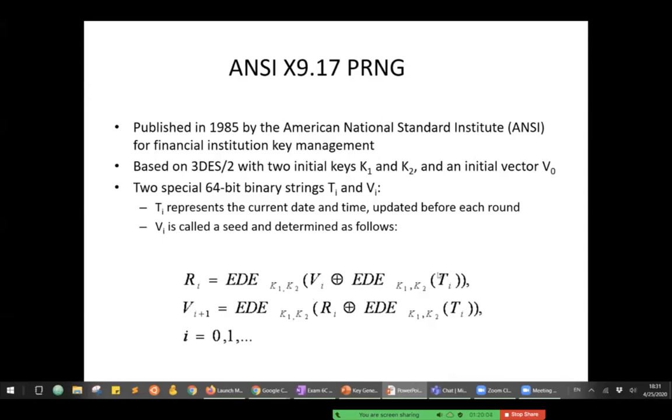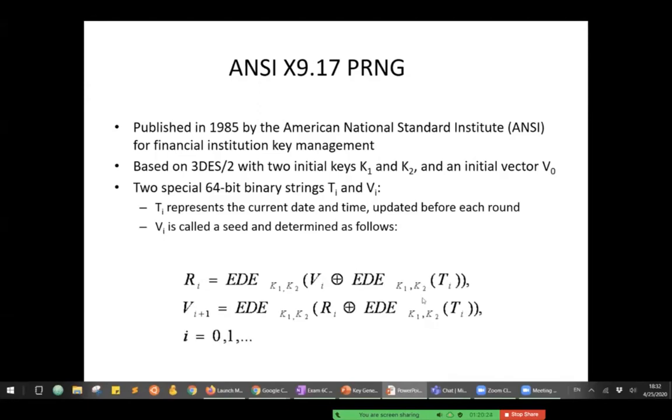So that means initially I have an initial vector V0, the initial time T0, which is the current time, and it uses two secret keys, K1 and K2.